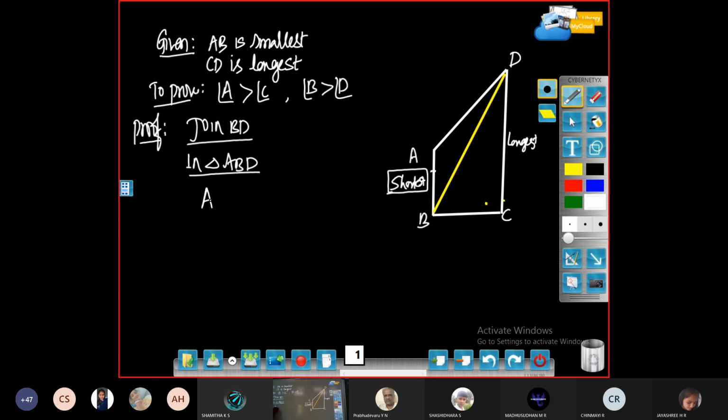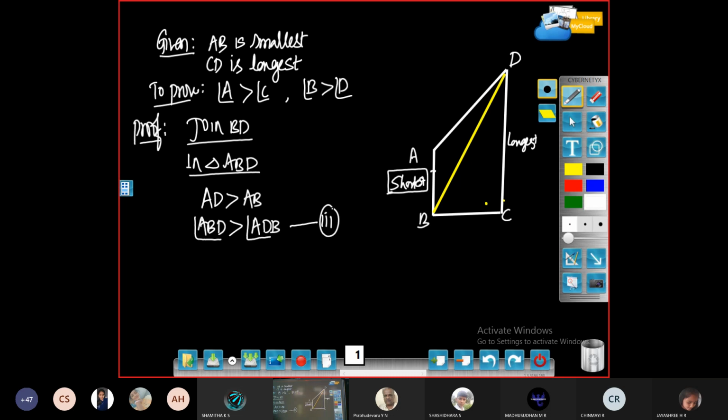So I will write AD is greater than AB, because AB is shortest. Therefore, opposite to AD is ABD. Angle ABD should be greater than ADB, opposite to AB. You call this the third equation.